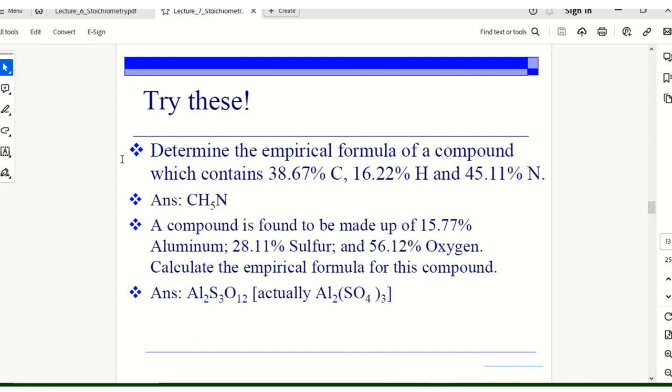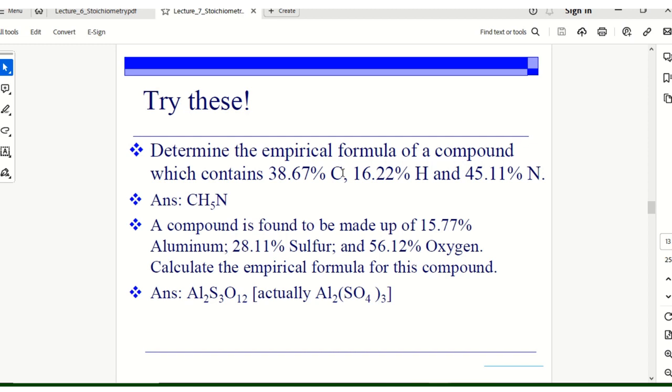So as you can see, determine the empirical formula of a compound which contains 38.67% carbon, 16.22% hydrogen, and 45.11% nitrogen. The good part, we have the answer here, so you can go wrong, but you have to come back because this is the right answer.